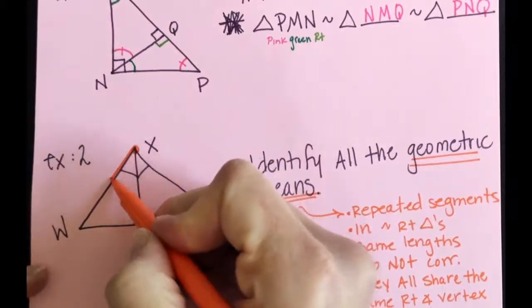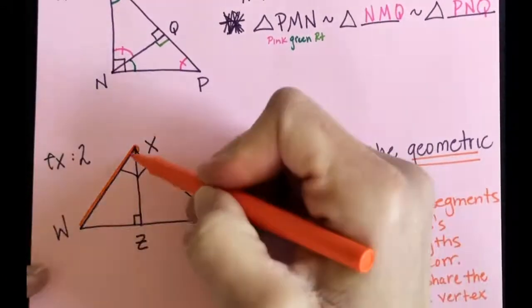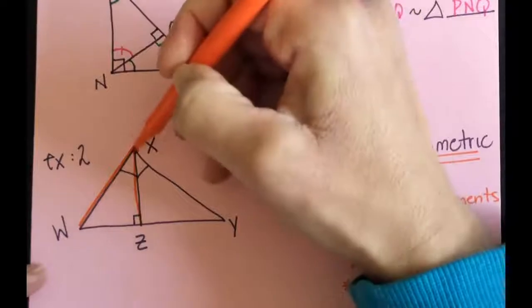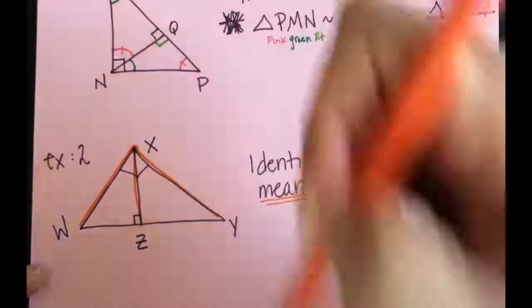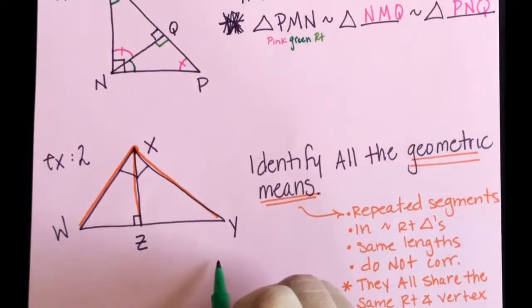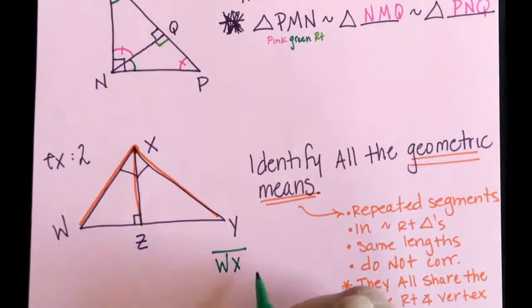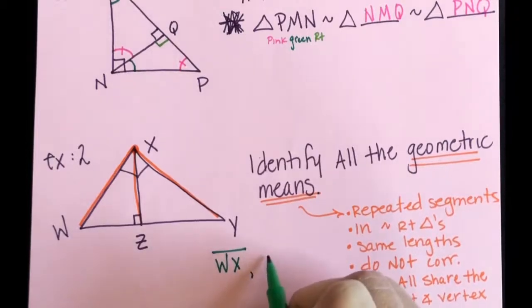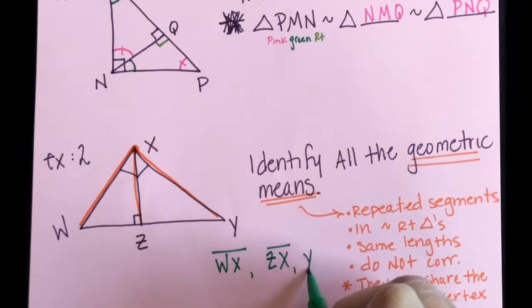So when you look at all three of these, that is the easiest way to tell which one is our geometric mean. When we answer this question, you would simply say WX with that segment bar. Don't forget, we could say ZX, and we would have YX.